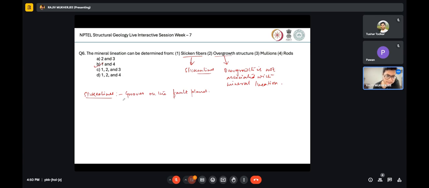And often what happens is quartz veins intrude along the fault plane, and the slickenlines provide space for mineral precipitation.